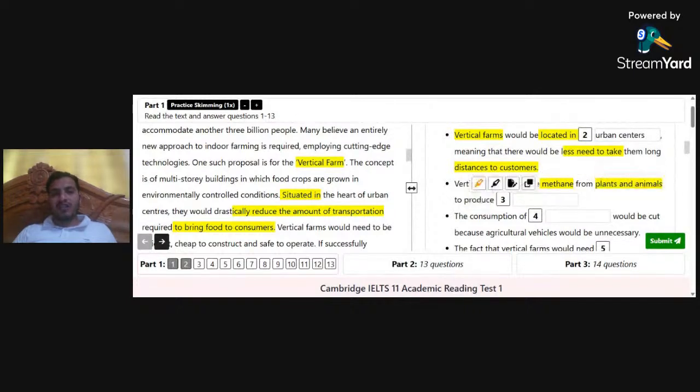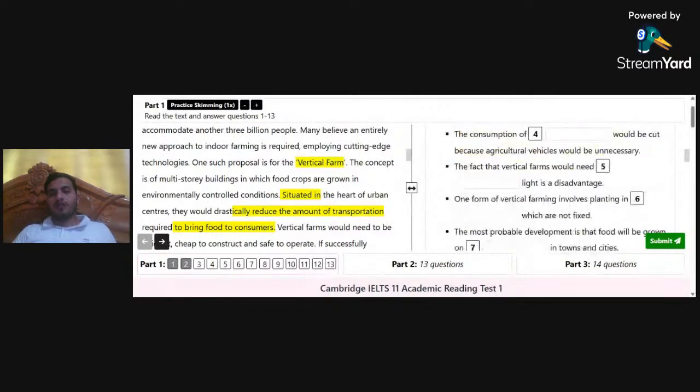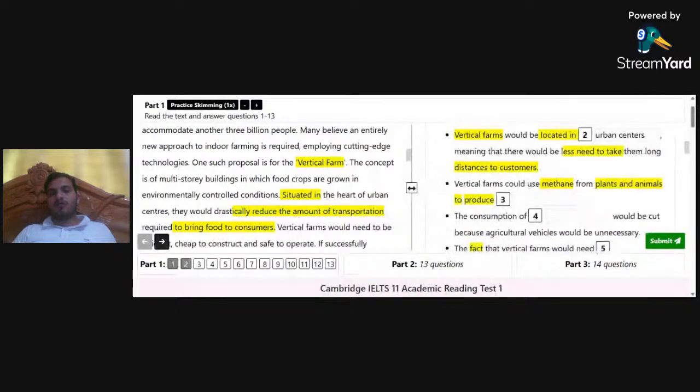So any word before that, think that it is a verb. Any word used after the fact, so here the fact will be a noun. Any word used after to produce, so the produce will be a verb.